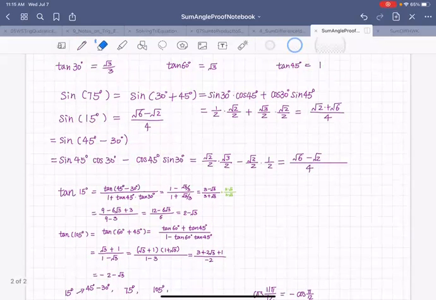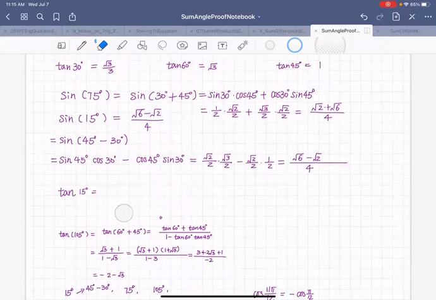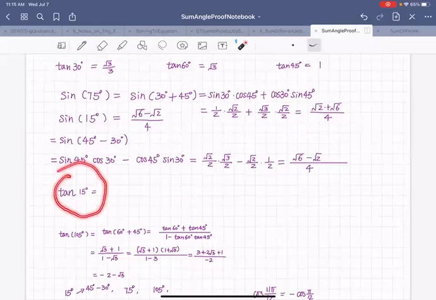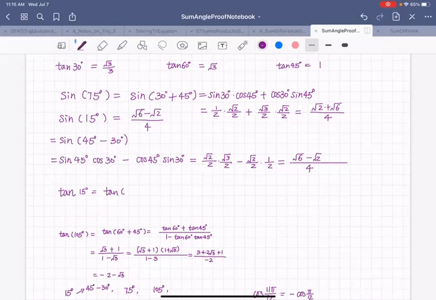Let's do one more. Julia, do you remember the tangent formula? How do we do this?